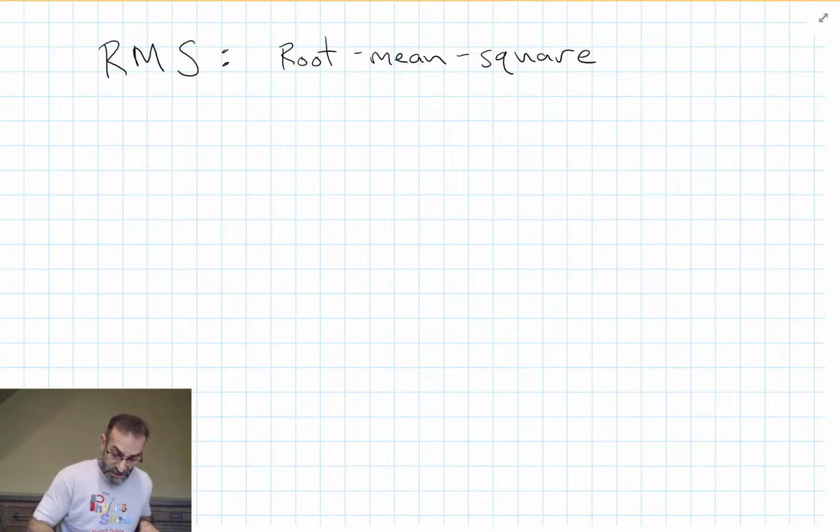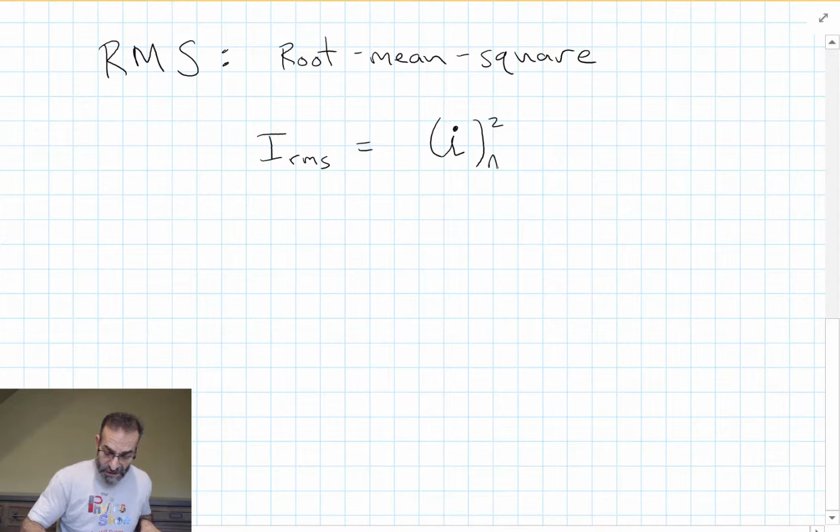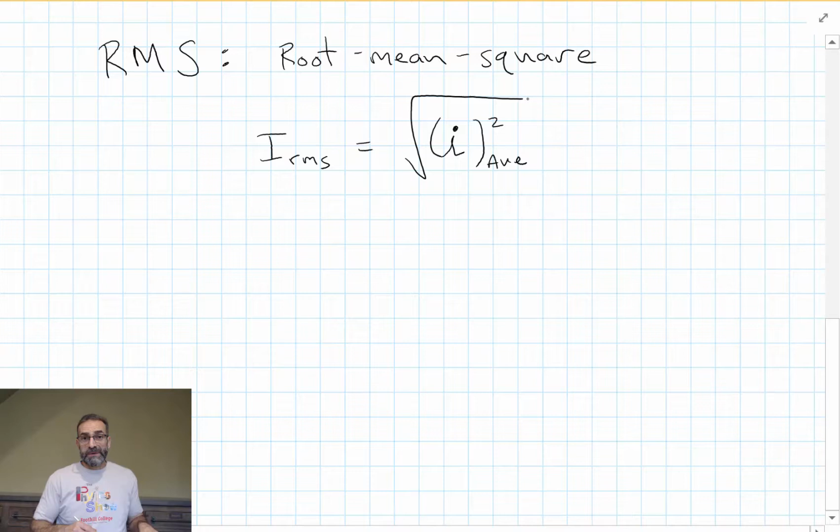So for the current, the RMS value is equal to the instantaneous value squared, averaged, and then we take the square root of that. We could do the same thing for the voltage.